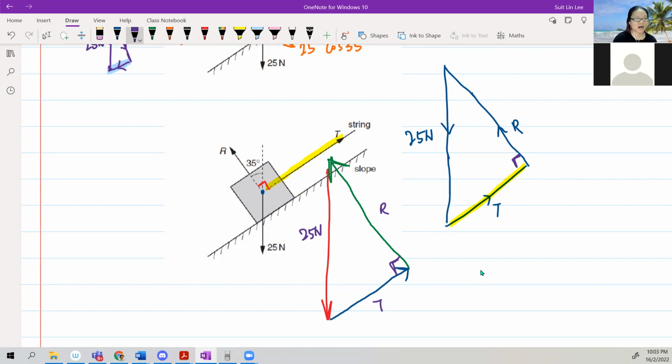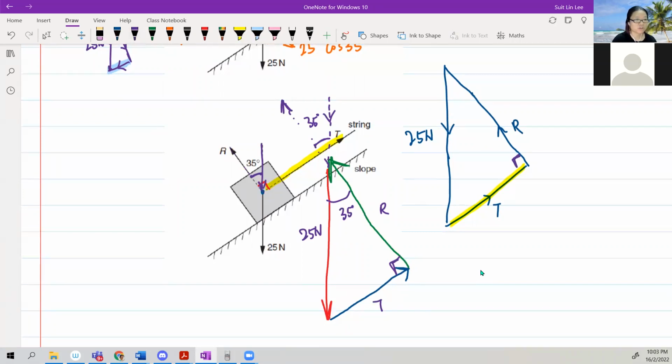The angle between R and 25 is 35 degrees. When R is pointing upwards this way, and 25 is pointing downwards this way, this is 35. So this one becomes 35. So this will also be 35.